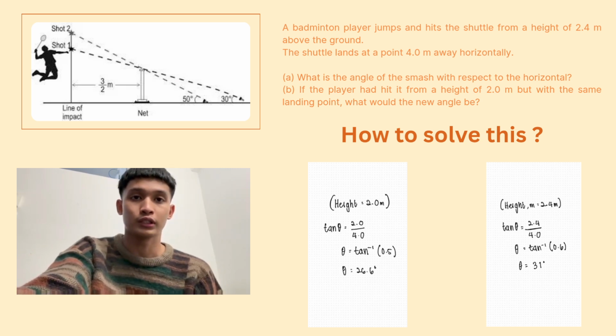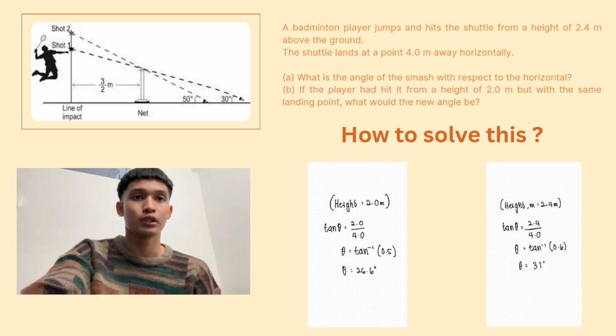A. What is the angle of the smash with respect to the horizontal? B. If the player had hit it from a height of 2.0 meters but with the same landing point, what would the new angle be?